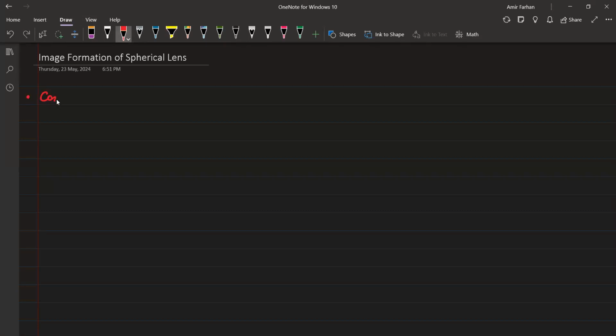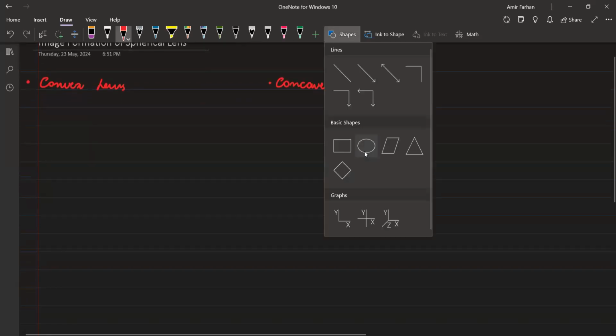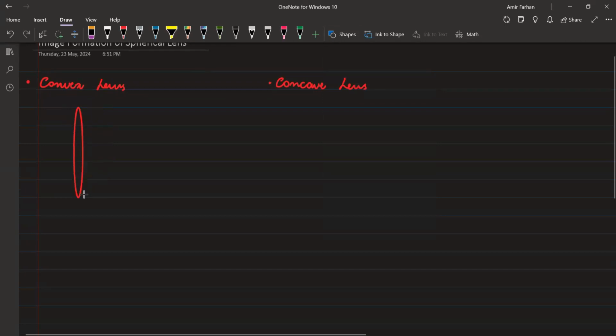First one is the convex lens. Second one is the concave lens. Let me draw the figure of the concave lens. The concave lens is just like this.